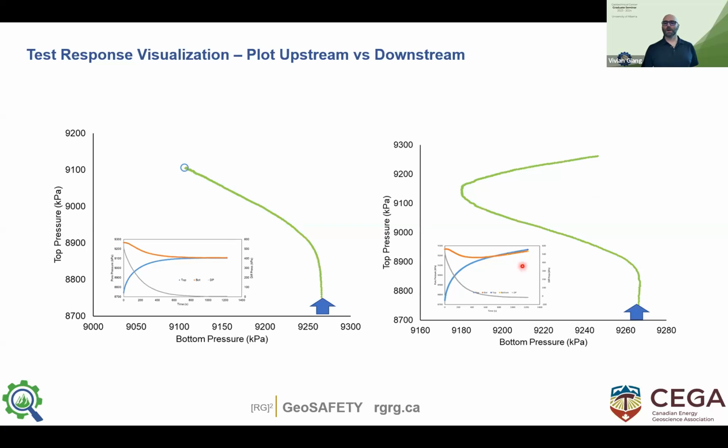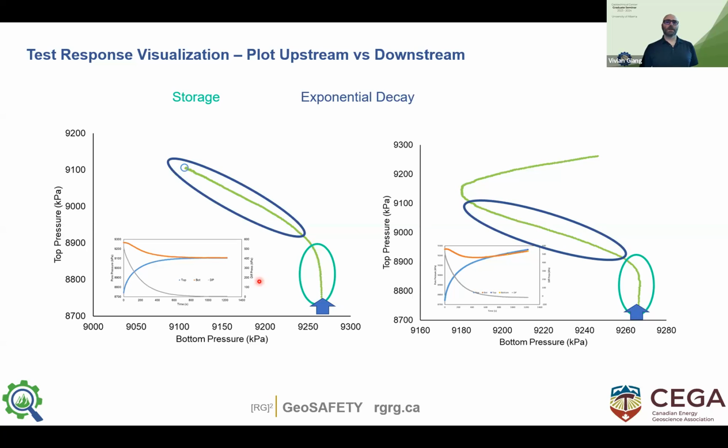If you plot top pressure versus bottom pressure, you can see the initial vertical response is just the storage term. And then the linear component is the exponential decay. And if it trails off, if it deviates from linear, that means you've got a leak. So it's a really easy plot to do while you're doing the actual testing.